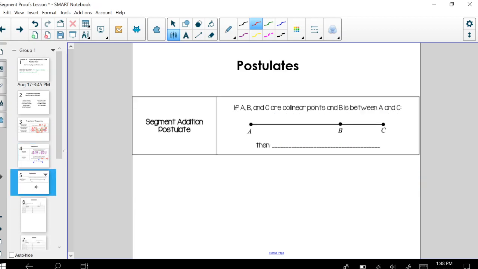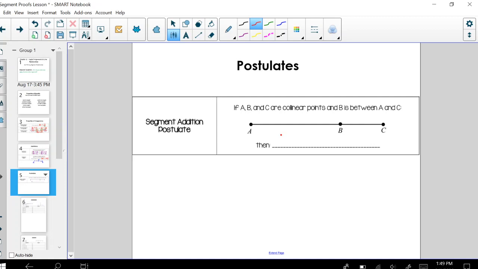Last one that we're going to look at before we get into this too much, because we already talked about this before, is our segment addition postulate. So if A, B, and C are collinear points and B is between A and C, this is where I can say the part plus part equals the whole.